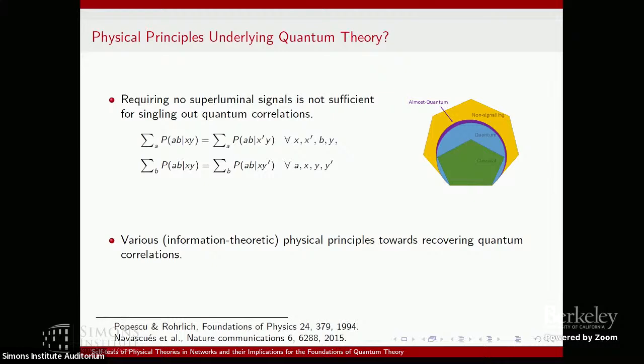Okay, and so this way of approaching this problem doesn't fully work, and so somehow we need something else to look at this. Okay, and so now one thing that we can do is ask, well, maybe the Bell scenario is just not the right way to look at the problem, but maybe networks can help us.